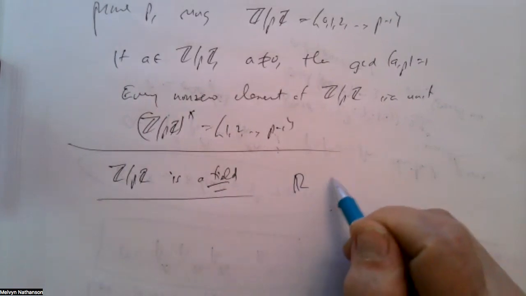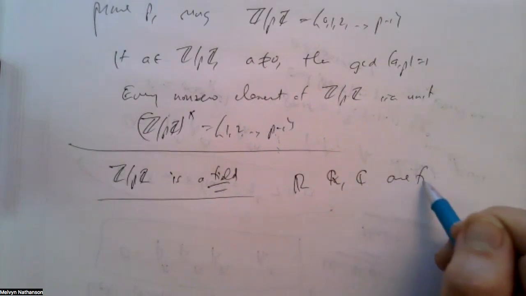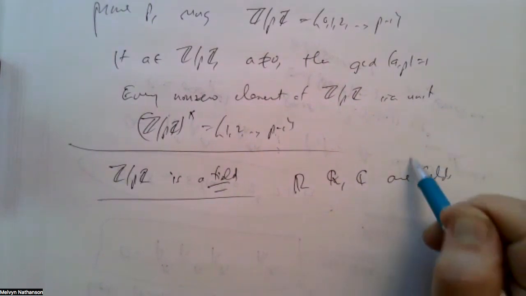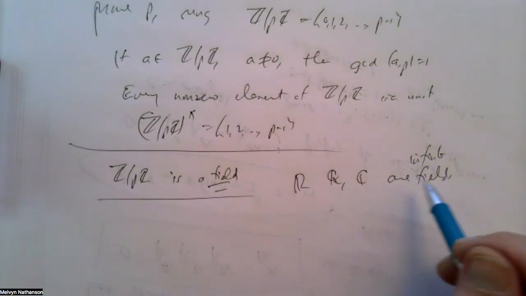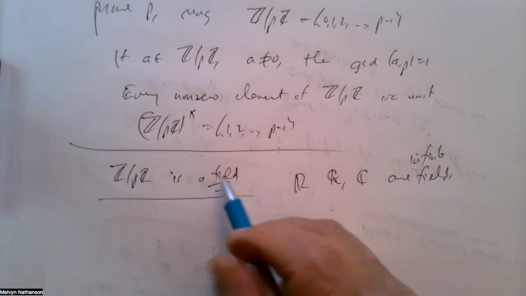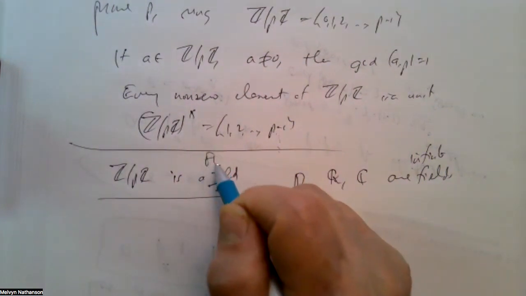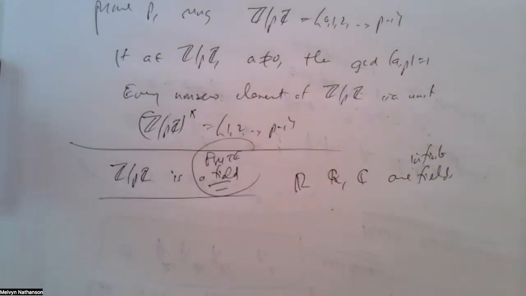The real numbers, the rational numbers, the complex numbers are fields, but they're infinite fields, because there are infinitely many real numbers, rational numbers, complex numbers. The integers mod P, Z mod PZ, is a finite field. So it's very important that there are finite sets which are fields.